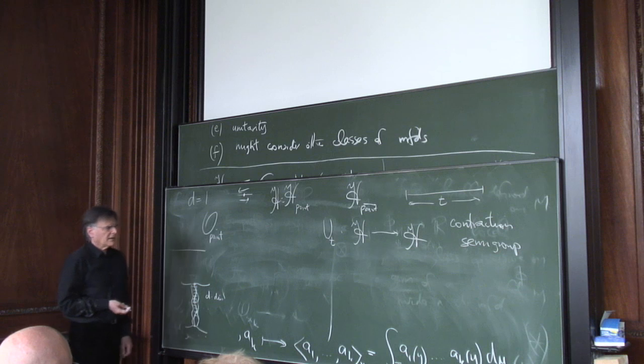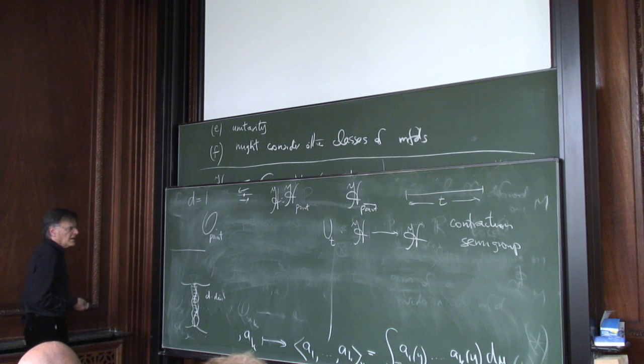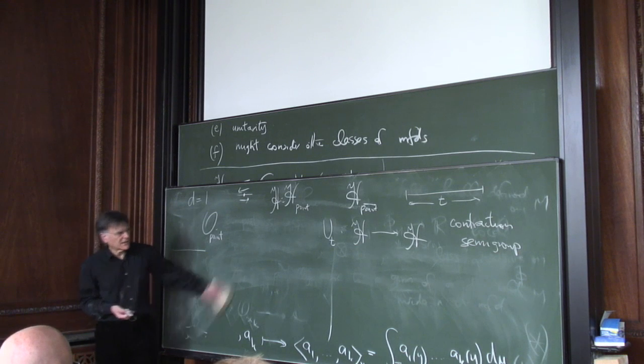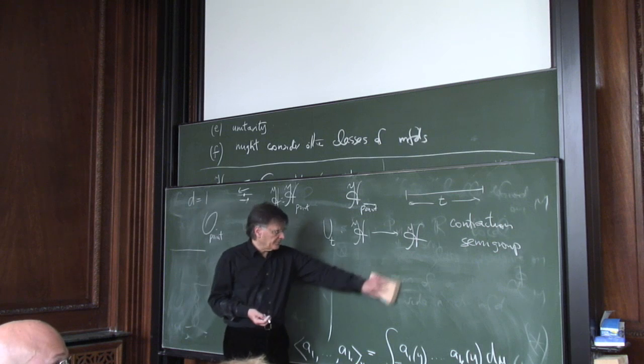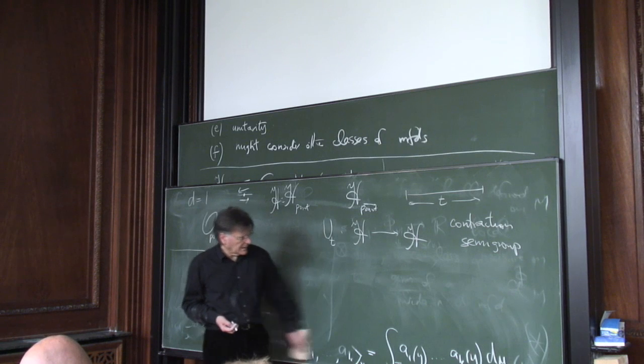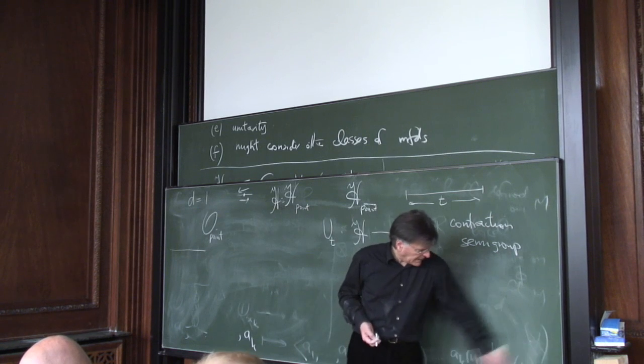And that's really essentially all we have. So because it's a trace class semigroup, it's determined by a sequence.